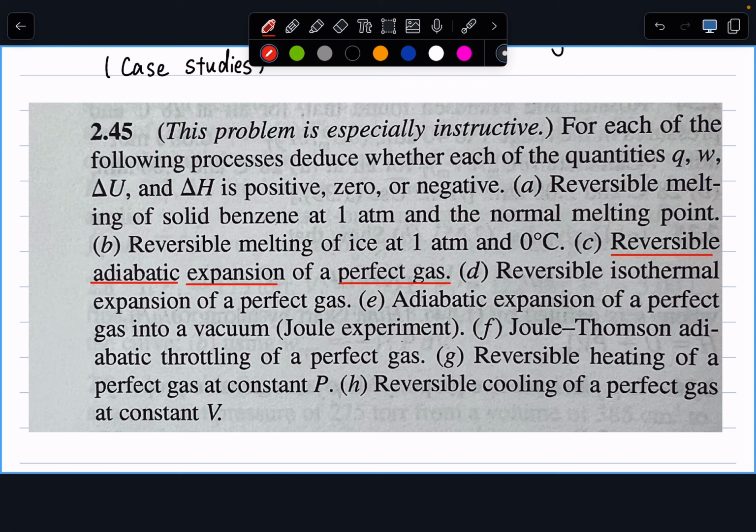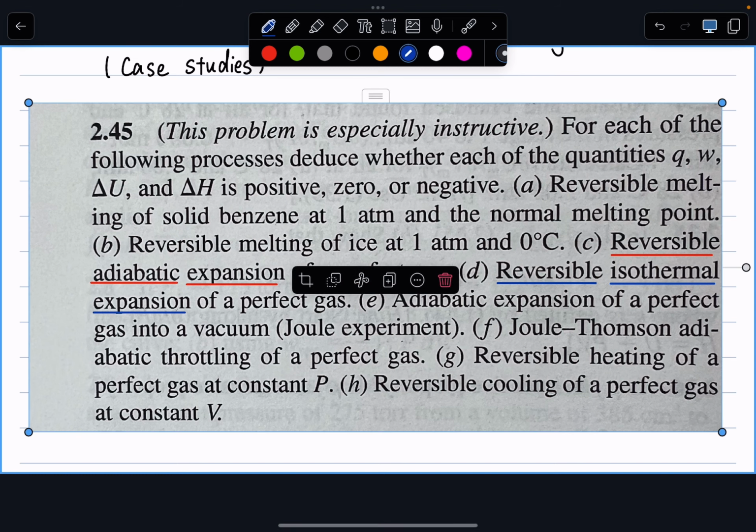All right. Next one. We have a reversible isothermal expansion of a perfect gas. So how does this one work?